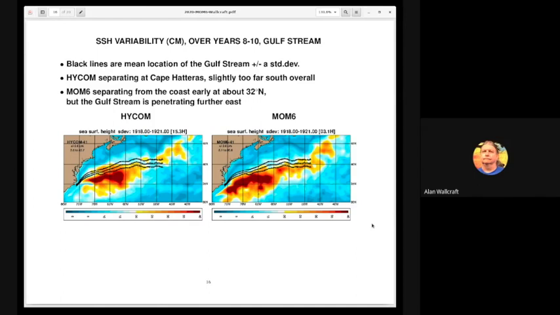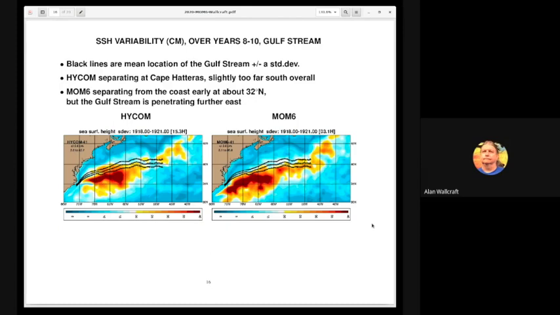And in this case, the black lines here are the mean location of the Gulf Stream plus or minus a standard deviation. And you can see near the US coast at about Cape Hatteras, there is no variation in the location of the Gulf Stream. And HYCOM is consistent with that. HYCOM is separating at Cape Hatteras as it should, although it's slightly too far south as it enters the rest of the domain.